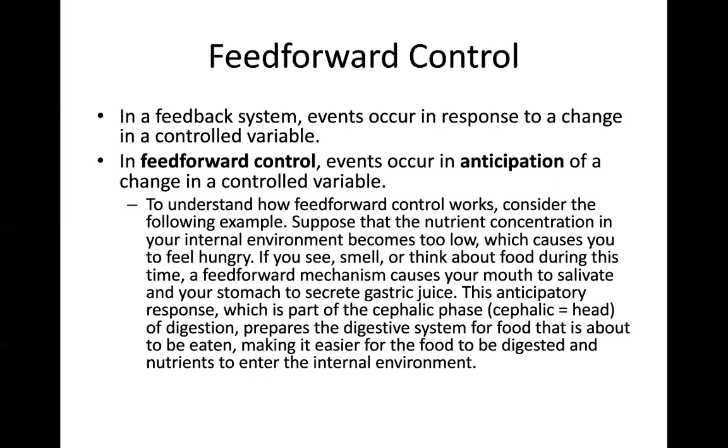This is part of what we call the cephalic phase of digestion, and it prepares our digestive system for food that's about to be eaten. It's like stretching before a race, getting your body ready for what's about to take place. It makes it easier for the food to be digested and nutrients to enter the internal environment. We don't really talk much about feed forward in this class, but I wanted to present it to you at this point anyway.